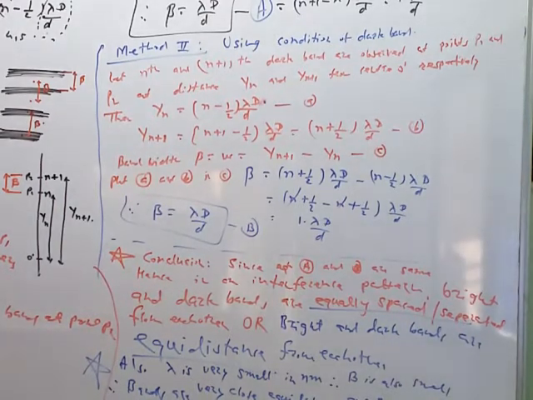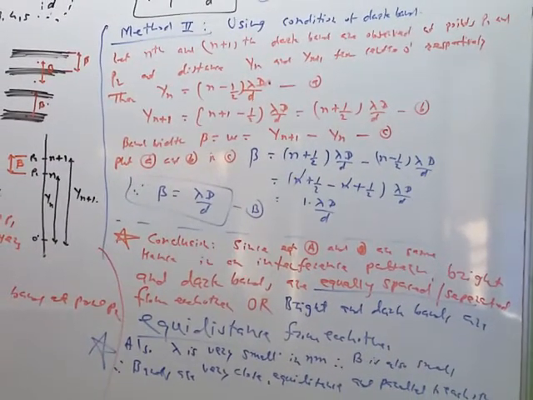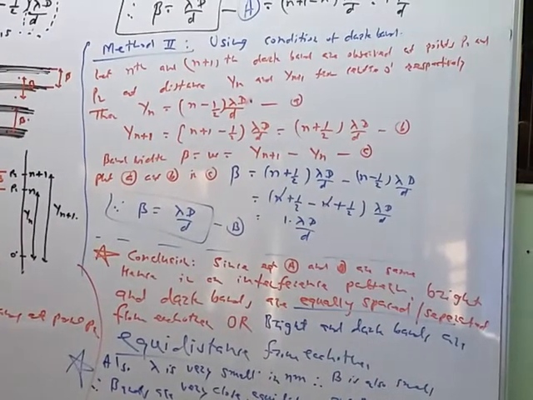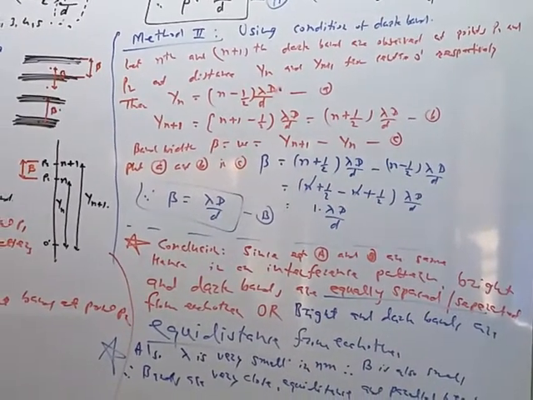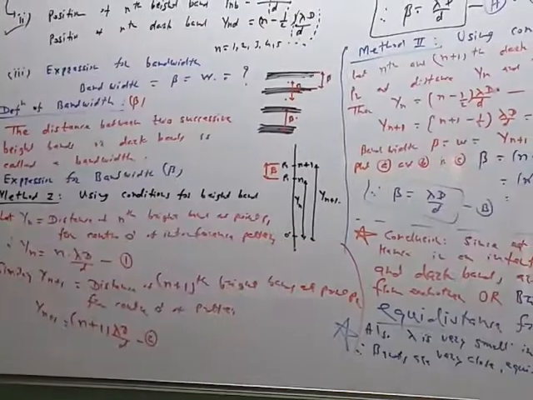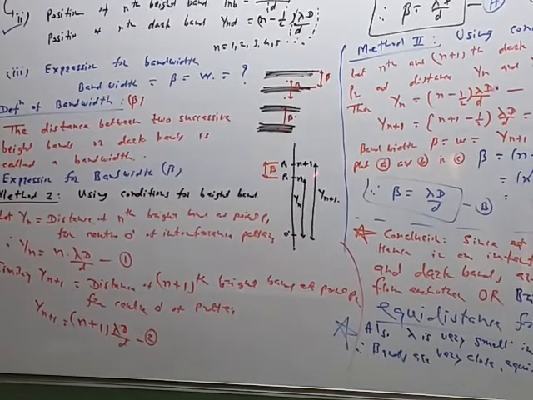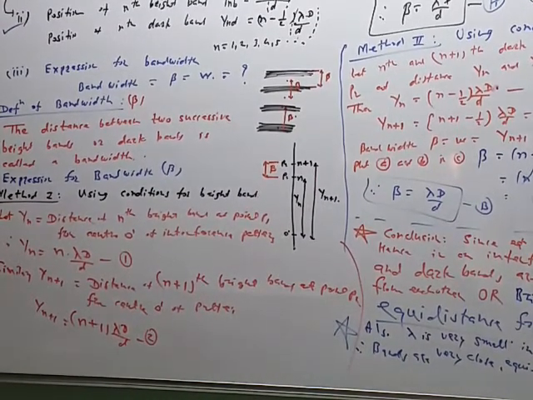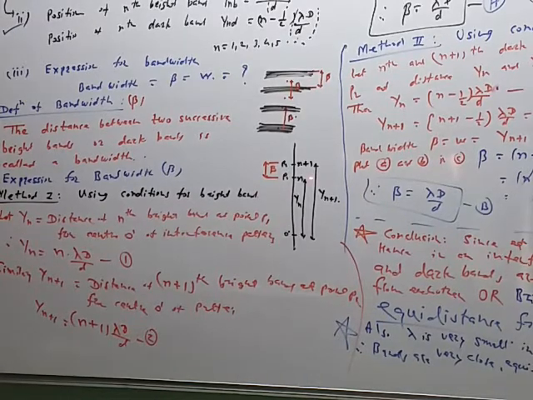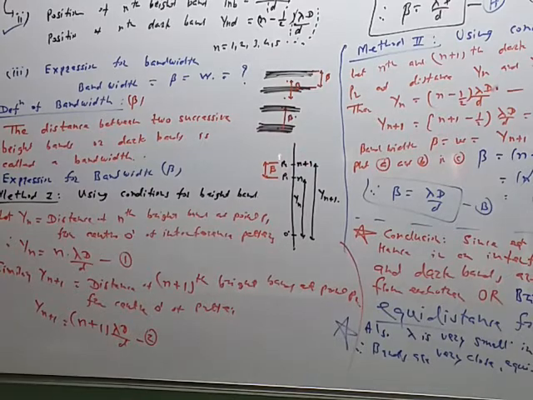So we have given this conclusion, but it is proved by knowing this expression for the bandwidth. So bandwidth is one of the important characteristics of the interference pattern. There are two types of equations for bandwidth. Equation A uses the condition of brightness. This figure is common for both methods. At points P1 and P2, we are assuming two successive bright bands having numbers n and n plus 1. So the distance between P1 and P2 is equal to beta, equation 3.